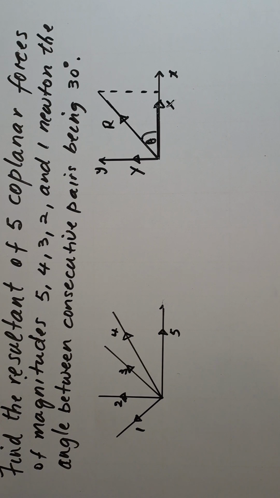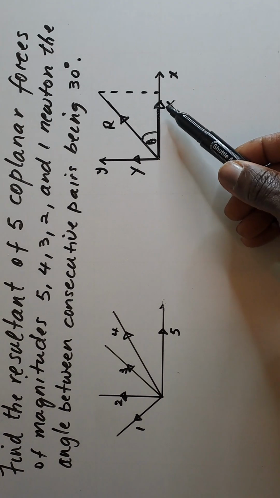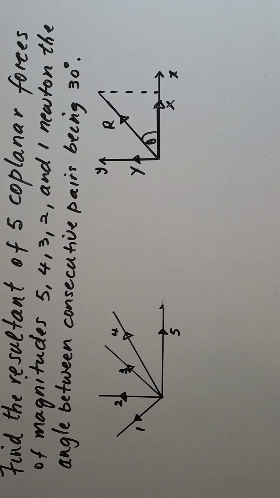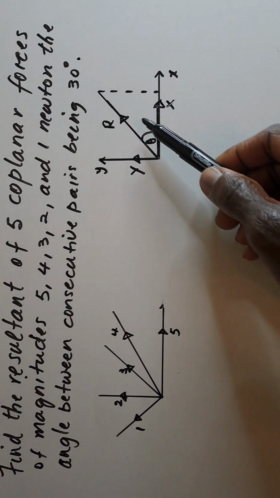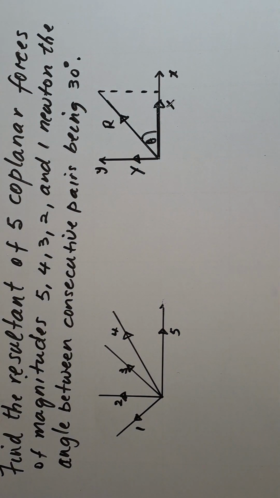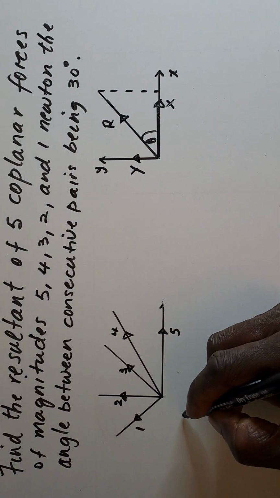Now if we let the resultant have these two components, capital X and capital Y, for the components of the resultant R, and let's write that.